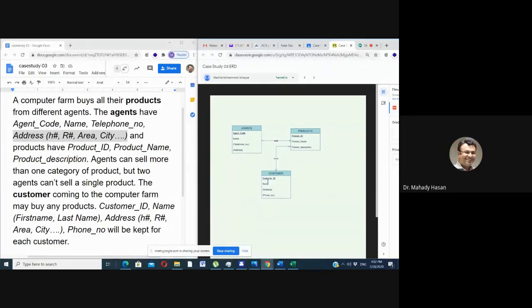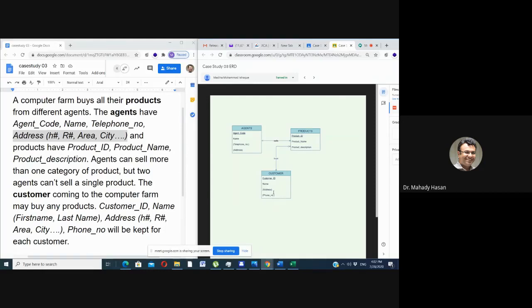Okay, a broken line is used when we want to add an attribute of the relationship. For example, this is a many-to-many relationship between customer and product. Now, if you want to store the quantity purchased by the customer for that particular product, where will you store that? Can you store that in the customer? The answer is no, because the customer is purchasing many things, so which quantity for which product is not clear.